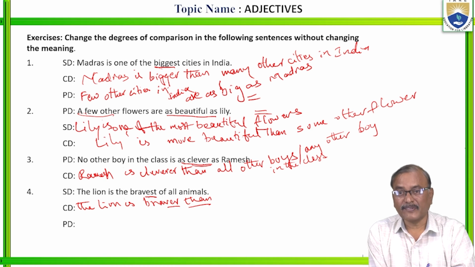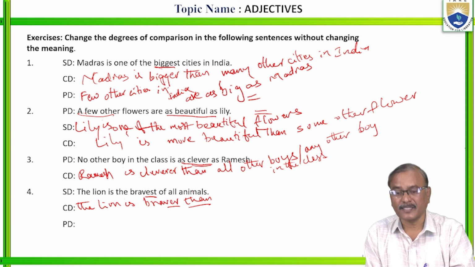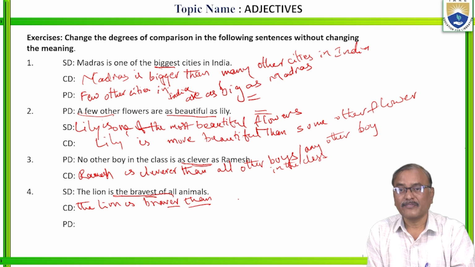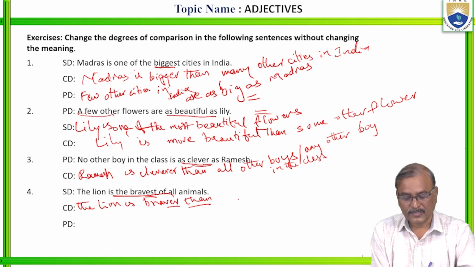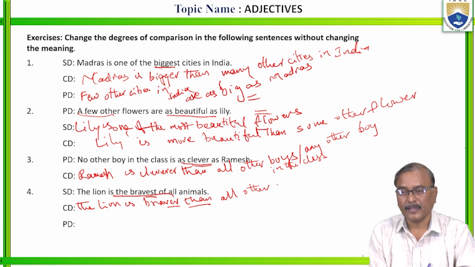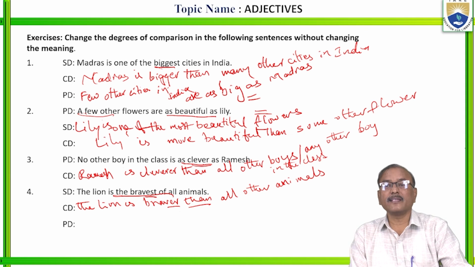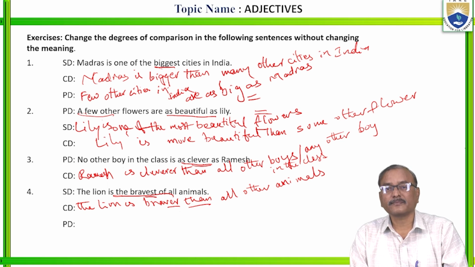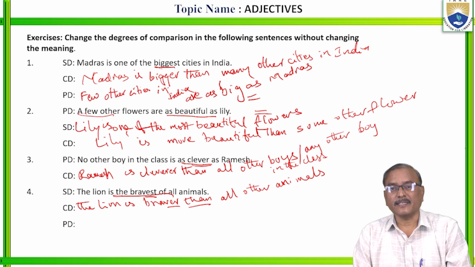Is it the bravest of all or one of the bravest? It is the bravest of all. When it is the bravest of all, it is braver than all other animals. Right? The lion is braver than all other animals. Is it clear now?